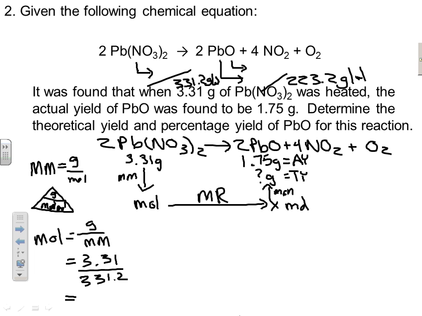What do we get? 0.00, there should be two zeros, I think, and then 9999. It just goes a whole bunch of nines.